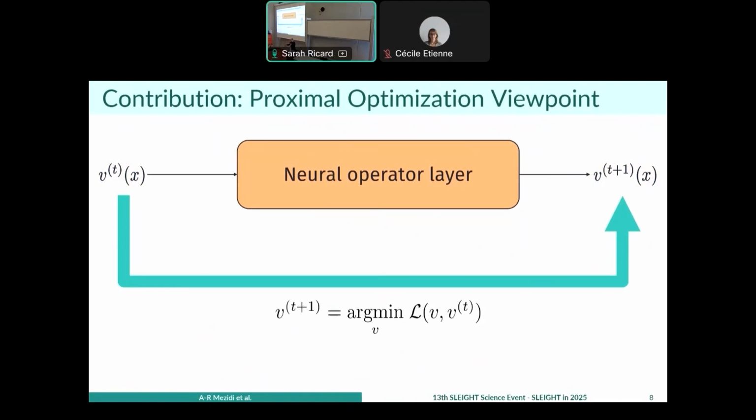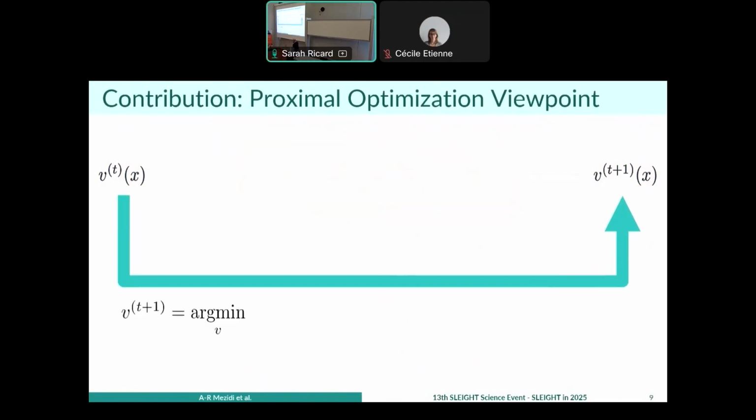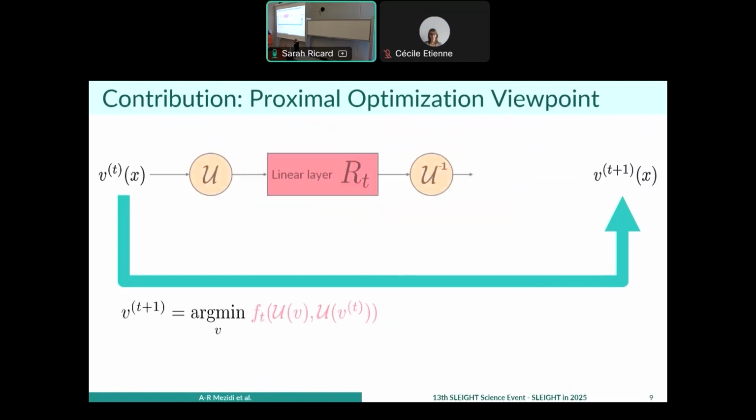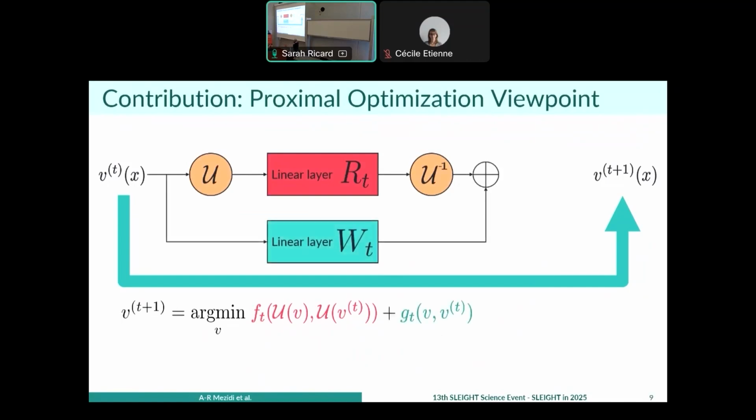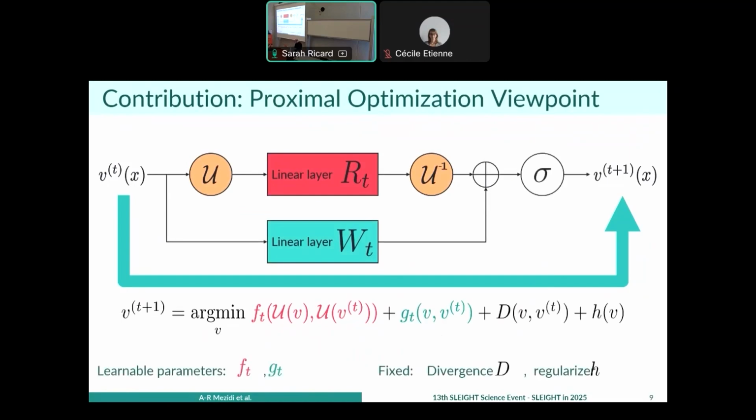More specifically, this optimization problem is composed of 4 elements. First, we have F_t, which expresses the relationship between the output and the input in the operator space. Then G_t, which expresses the relationship between the output and the input in the latent space.